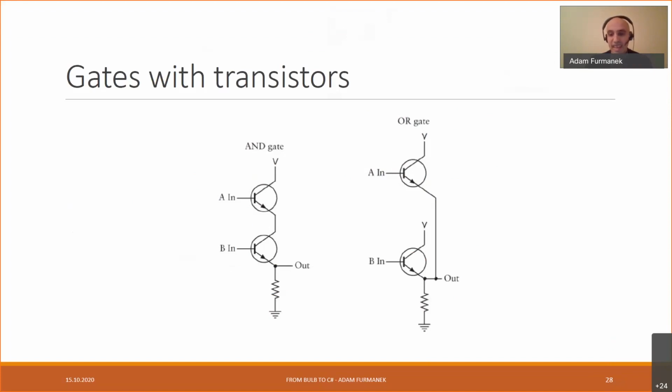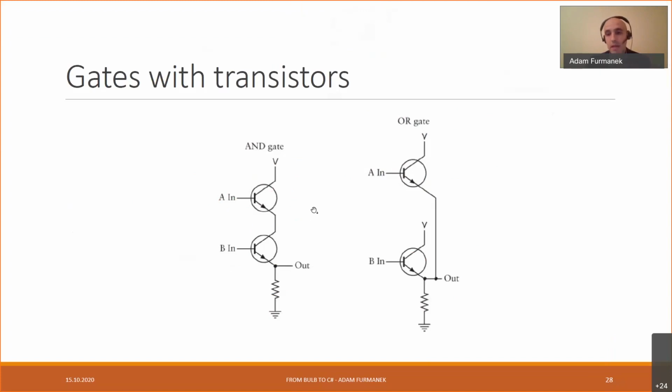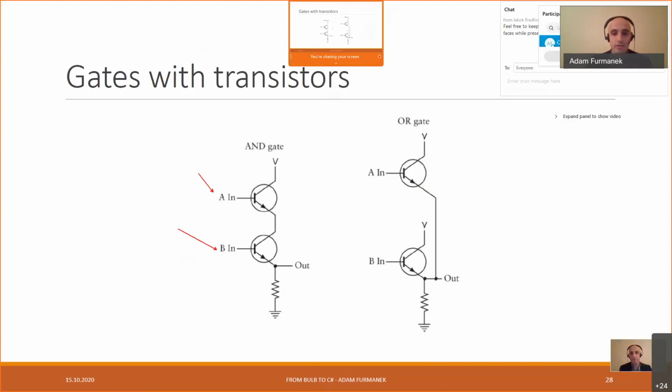So we can start by building gates. How do we build gates with transistors? The same way as previously. Previously we had wires which were connected serially or in parallel, and we had the light switch at the very end. This time, instead of wires and light switches, we just use transistors, but the principle stays the same.